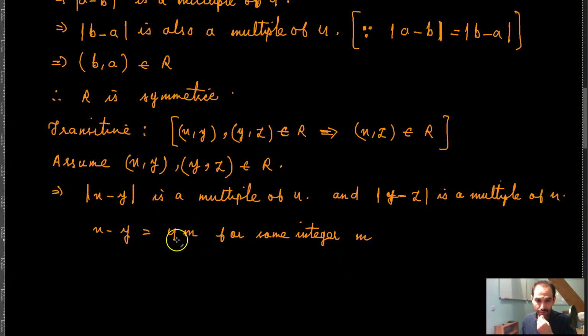And since this is also a multiple of 4, I can write y minus z as 4 times n, for some integer n.